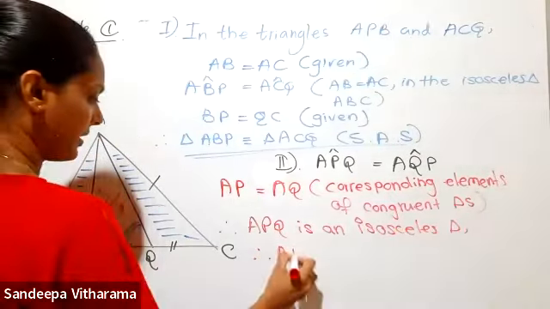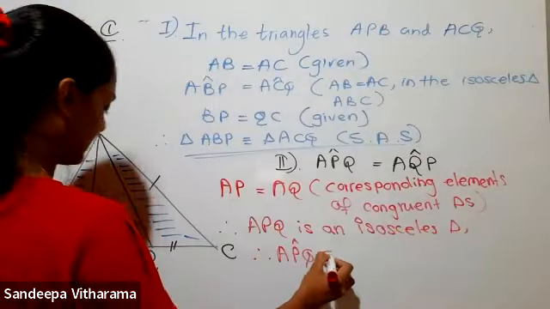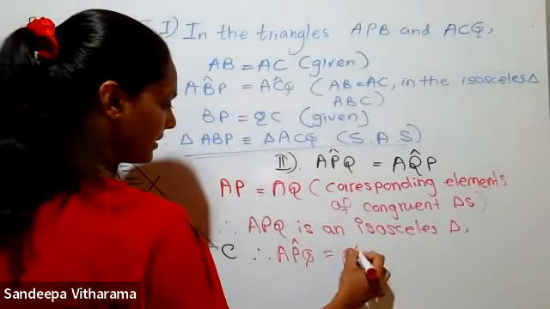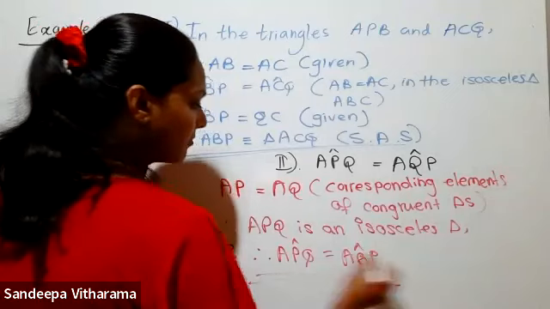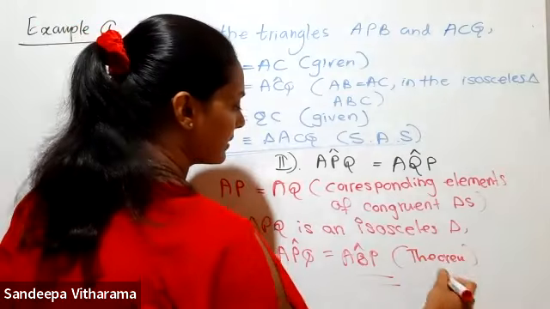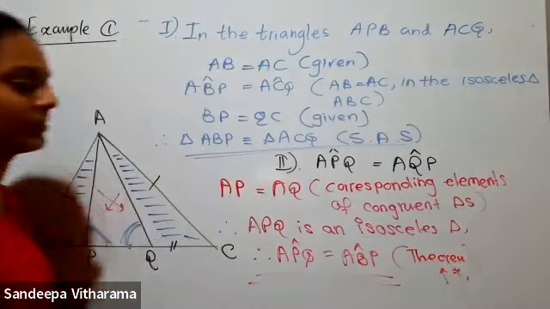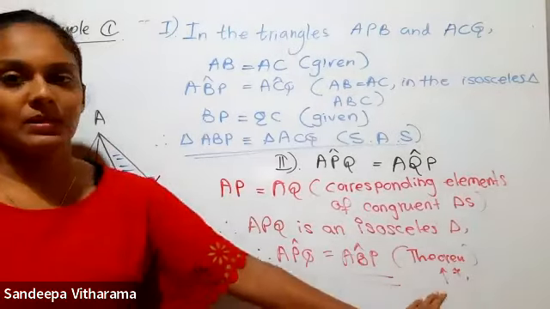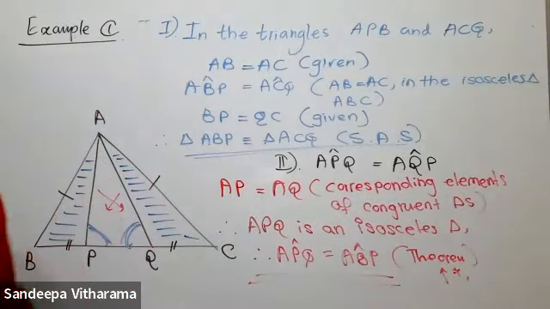Therefore, angle APQ equals angle AQP because of the theorem. Okay, write the theorem. What is the theorem? The theorem says that the angles opposite to the equal sides are equal. Okay.